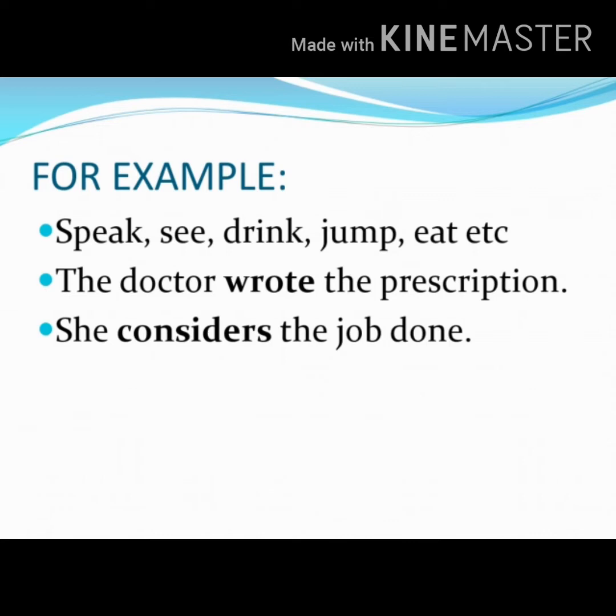But in the second sentence, she considers the job done. In this sentence, the verb consider is used in its present form. So we can use a variety of verbs by changing their forms according to the situation and according to the tense.